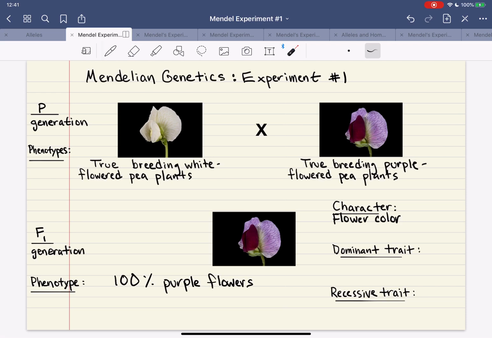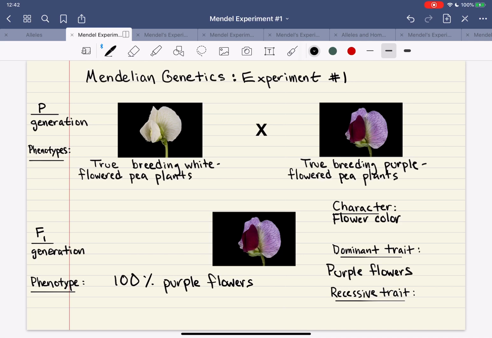And we won't know the answer to that question until we get to experiment number 2, which is really a follow-up of this experiment. But at this point, we can fill in the last 2 parts of this drawing. This is where Mendel came up with the terms dominant versus recessive. So he deemed that the purple flower trait was the dominant trait. Why?